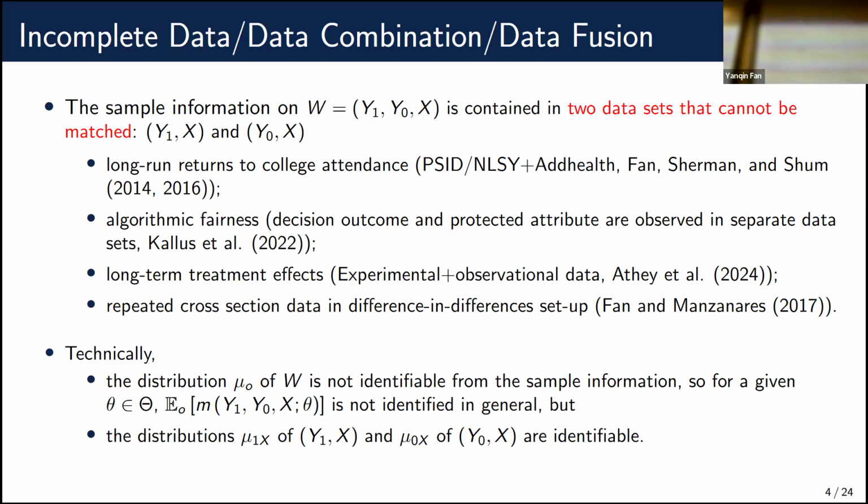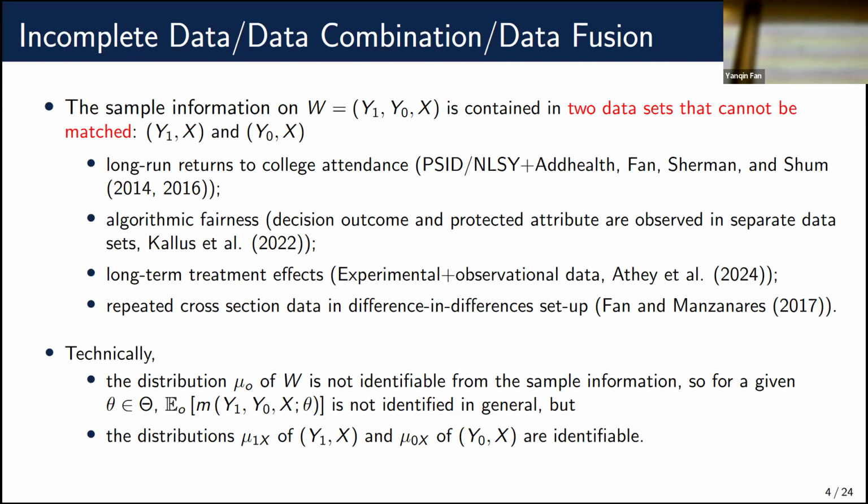But there are often some observational data in which long-term outcomes are indeed available. So the question is, how do we combine an experiment with observational data in order to estimate long-term treatment effects? There's a recent paper by Athey et al. that studies this issue.